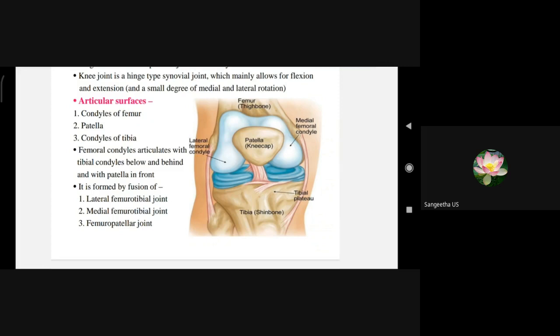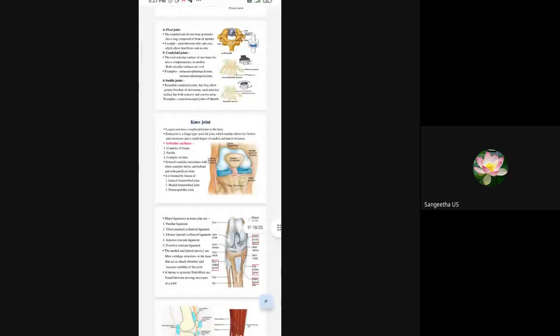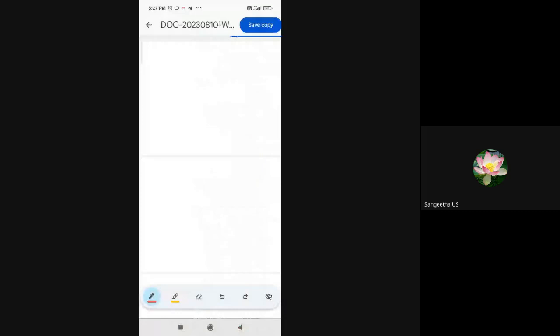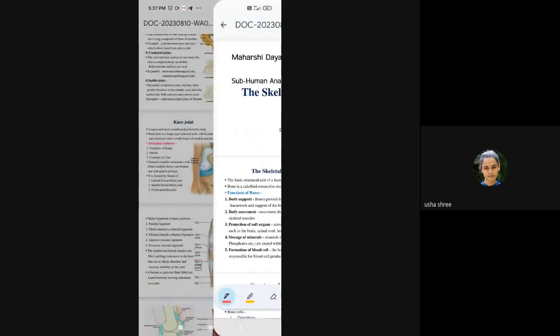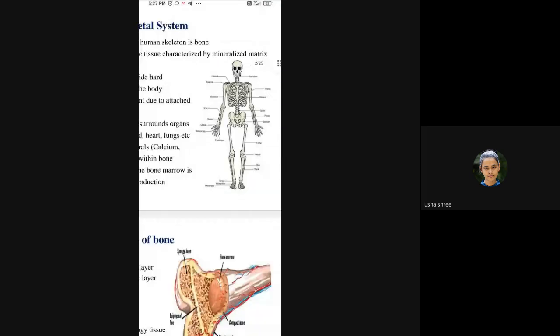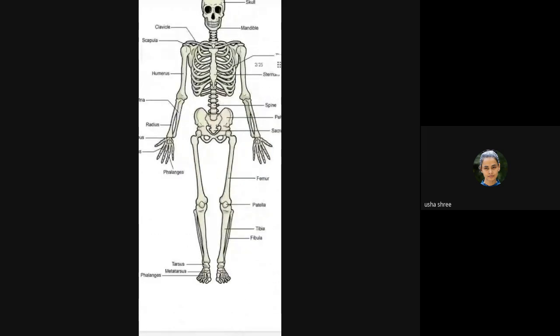Mm, okay, I think we should have a class on these terminologies. Let me explain. You explained about anterior and posterior. You told anterior is for the front side and posterior is the back side. Okay, now see this picture.